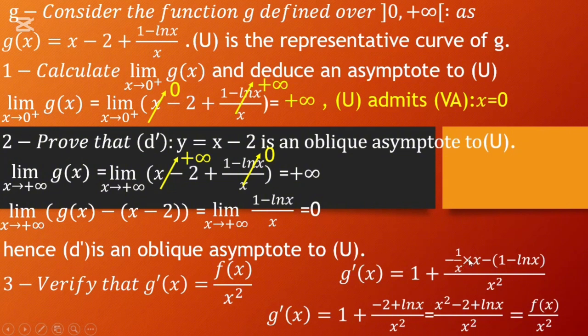This gives minus 1 minus 1, minus 2 plus ln x, that is x squared minus 2 plus ln x, over x squared, common denominator. So this is f of x over x squared. G prime of x takes the sign of f of x.